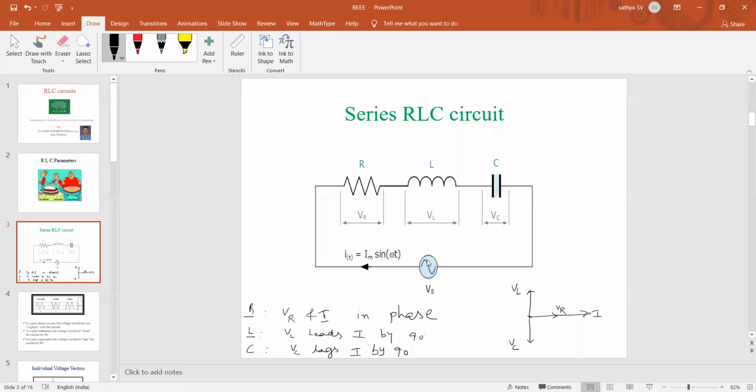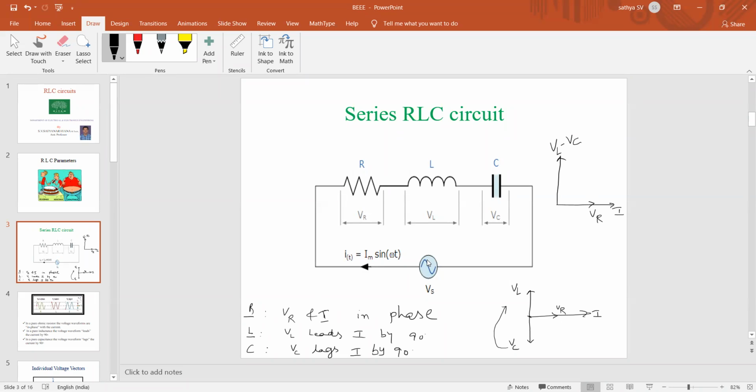Is it clear to everyone how I can draw this phasor representation for the series RLC circuit? Now, for further refinement, I can shift this negative phasor to the positive side. Shall I redraw the same phasor representation for our convenience, like VL minus VC?